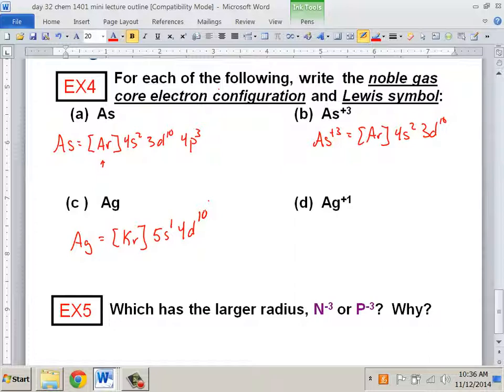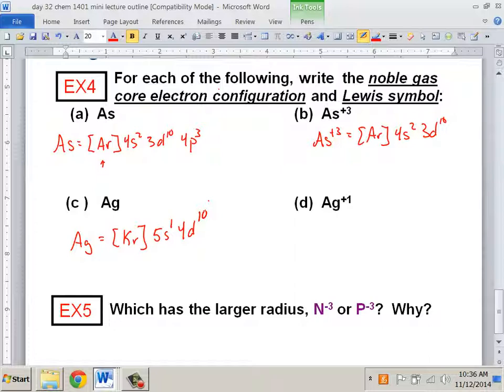So what I'm trying to get you to see out of this exercise is that you can look at this and see the number of valence electrons silver really has. First, it's a metal. If it's a metal, is it going to lose electrons, or are you going to be adding to it and making anions? Metals only lose electrons. That's why they're metals.